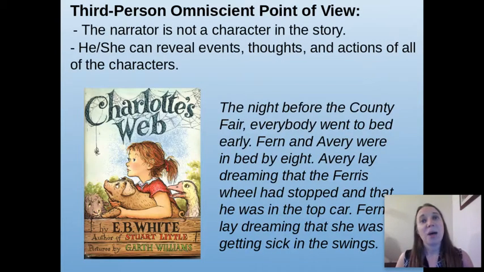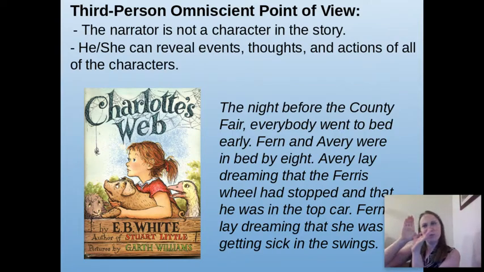Now, third person omniscient point of view still has someone from the outside looking into the story. So again, if you think of that video camera, it's from an outside point of view filming what's going on. But if it's omniscient, that video camera can see events, thoughts, actions of any character. So it could be showing what's happening to the main character.